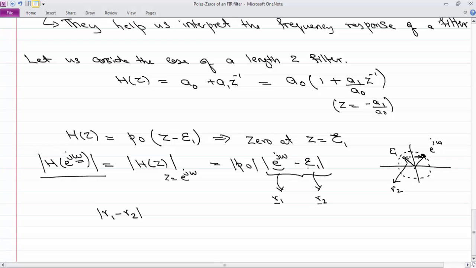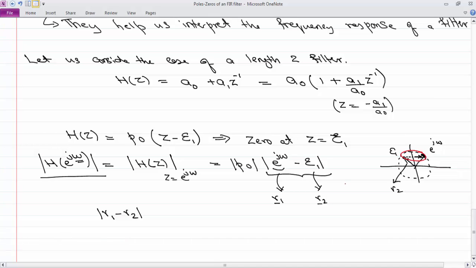So what this says is that as you change the frequency, the contribution of your filter at frequency little omega is directly given by the difference between the vector that is sitting at your 0 and the vector that goes from your origin to the frequency you are interested in. You are really looking at the length of this difference vector, which is this. Right?